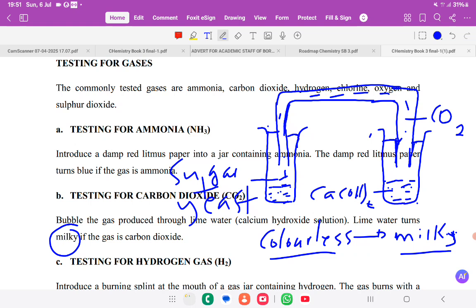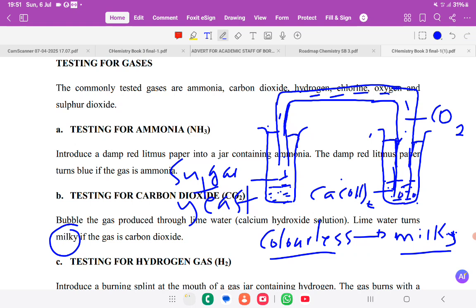So he's saying, what is the test? Explain the test for carbon dioxide and state the result. The question will come like that. So you would simply say bubble the gas. The gas should be bubbled deep into this calcium hydroxide solution.